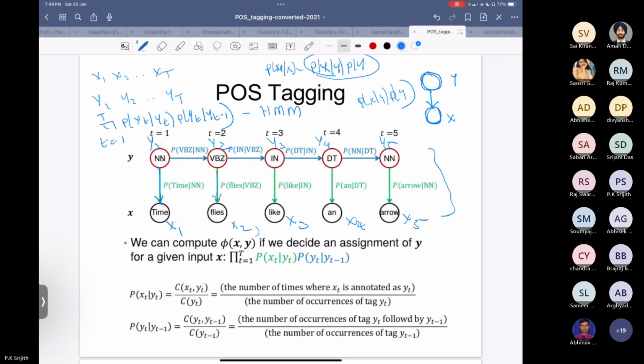And now, if you look at the dependencies among the elements of y, y2 depends upon y1, y3 depends upon y2, y4 depends upon y3. So you have an arrow from y1 to y2 capturing the dependence, y2 to y3 capturing the dependence, like that. So this is the graphical model representation of a hidden Markov model over different components of your input and output.